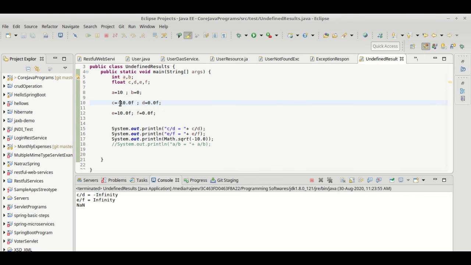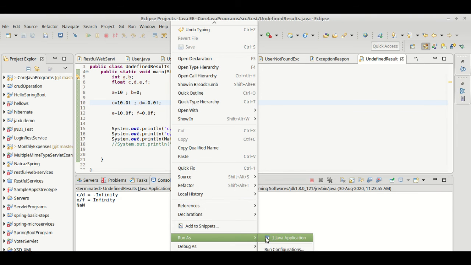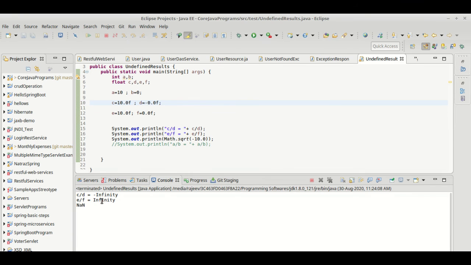Now we will check with both operands. Change D to negative and we see that we get negative infinity.